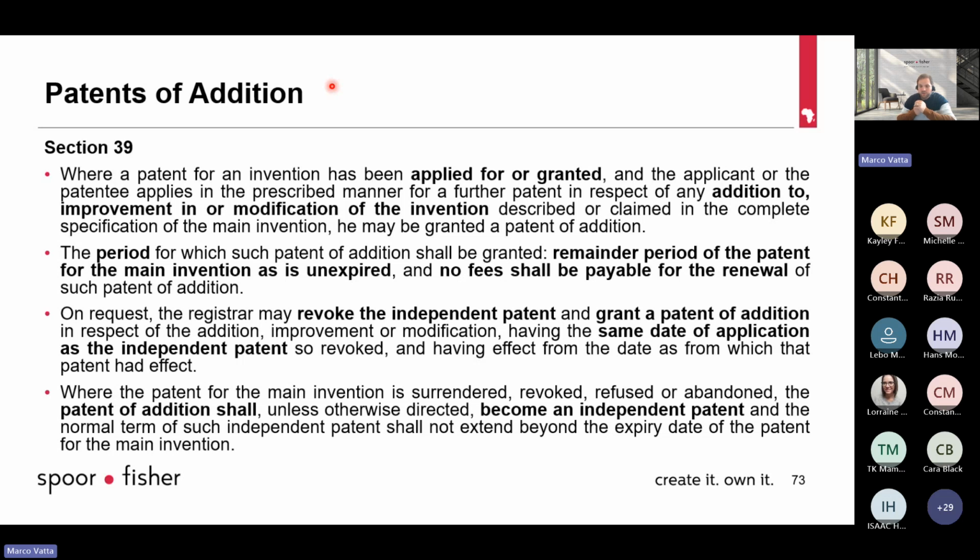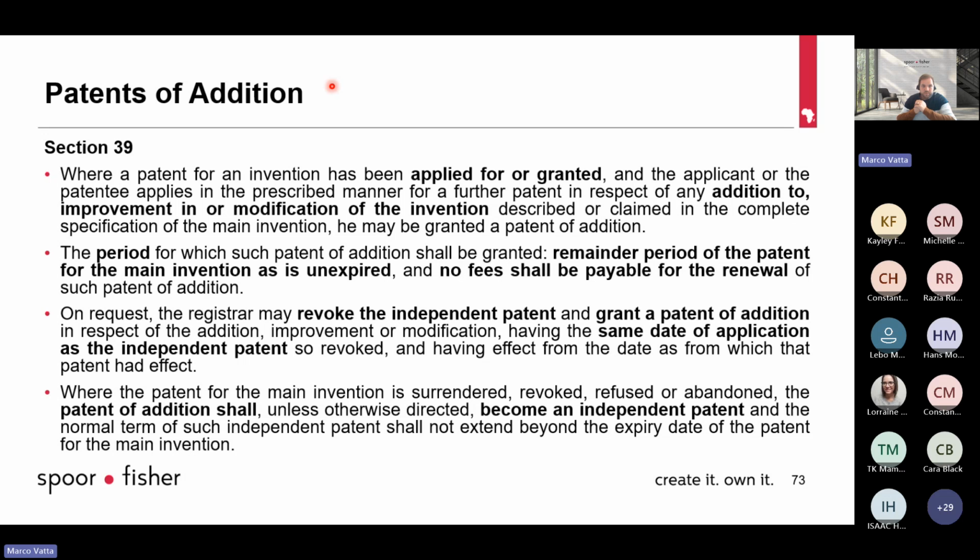If we have a look at the wording of Section 39, it says that where a patent for invention has been applied for or granted, and this is very important to note, a patent of addition can be applied for at any time, basically. So it's either while the first filed application is pending, or even once it has proceeded to grant, that the patentee or applicant can request for the patent of addition to be filed.